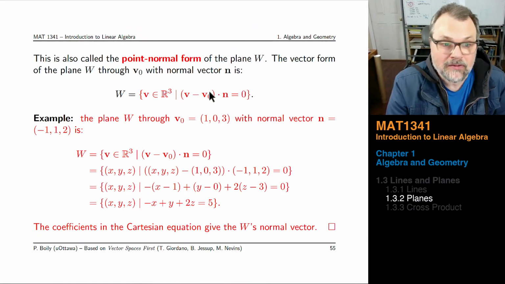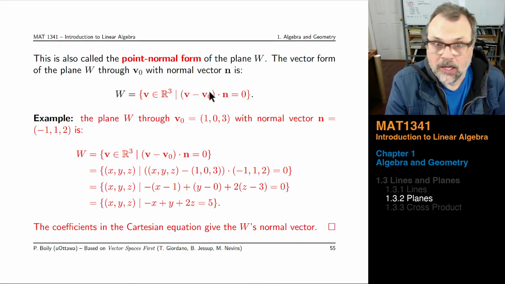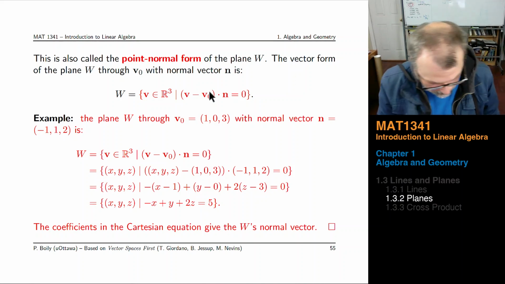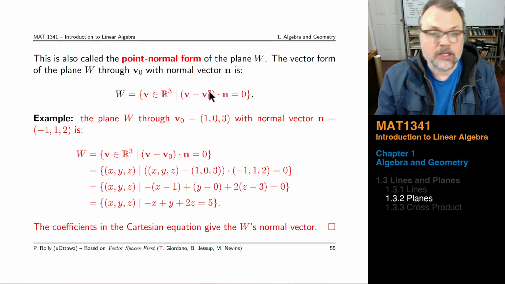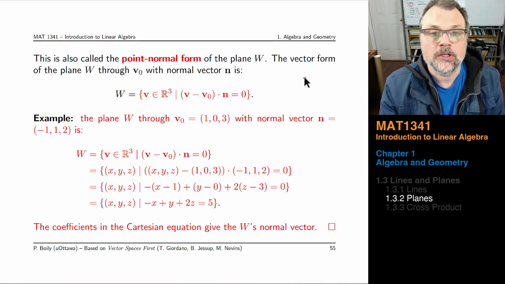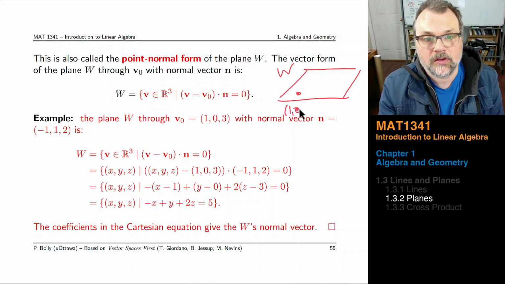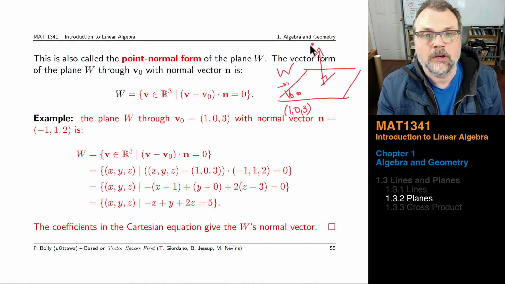So if you had to give the Cartesian equation of the plane W that goes through the vector 1, 0, 3, so that's one point on the plane, and for which the normal vector is minus 1, 1, 2, then you're looking at this. Here's the plane W, here's a point, the point 1, 0, 3, and you have a vector that is perpendicular here, and this is the vector n, which is minus 1, 1, 2.